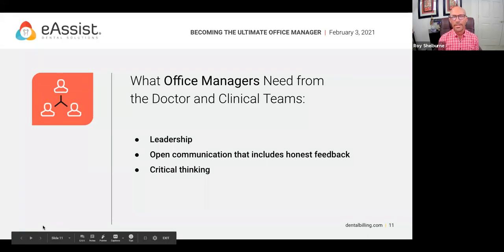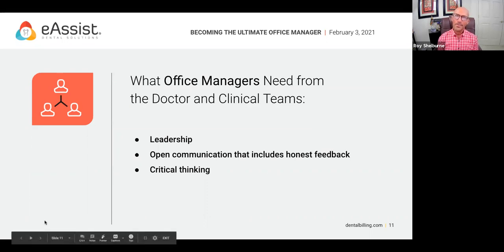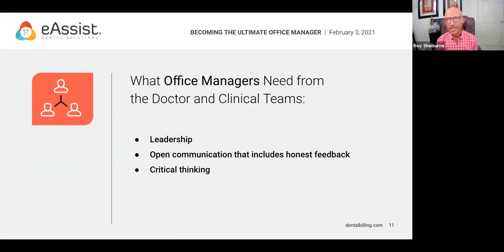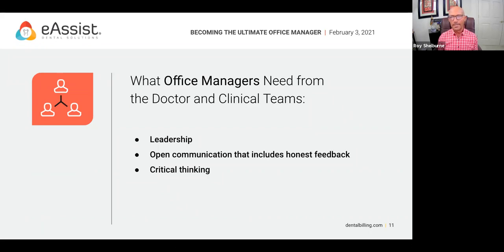And lastly, critical thinking. We need an office manager that is able to think on their feet, because if you've been in the dental office for any length of time, you have probably noticed the schedule doesn't always go the way it's expected. Patients don't always react the way that we think they're going to. So it's always a moving target.